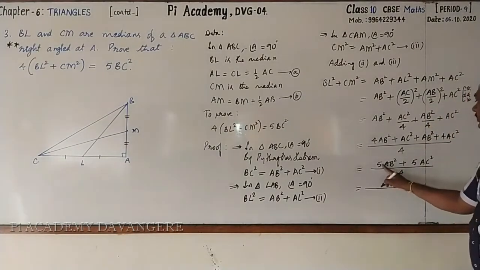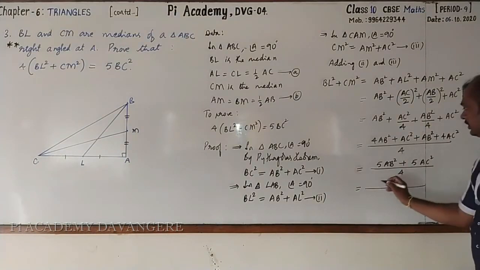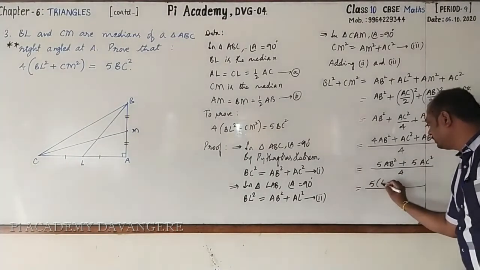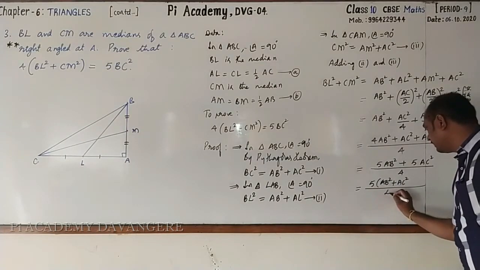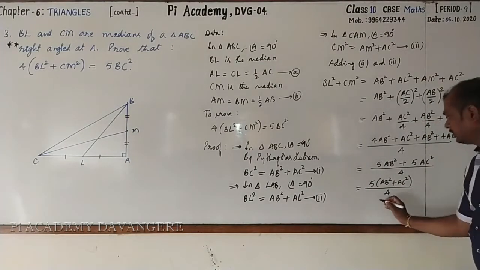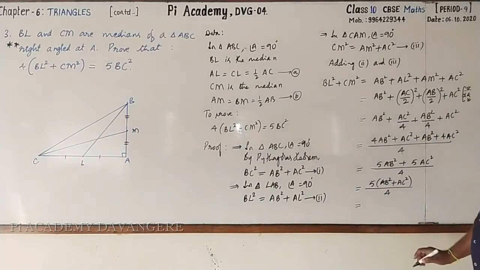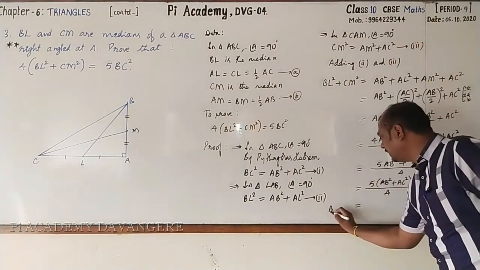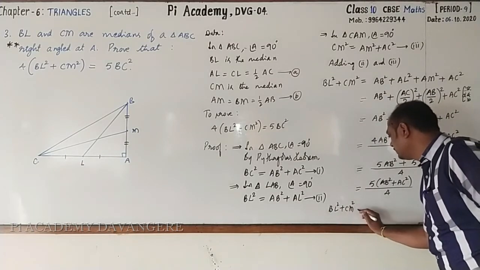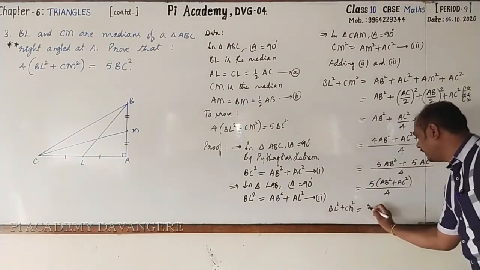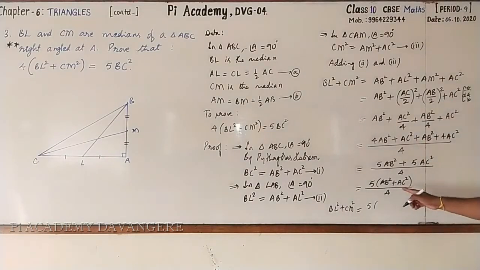Now you may take 5 as common factor. This is 5 into (AB square plus AC square) by 4. Followed? This is equal to BL square plus CM square as it is, equal to 5 into, what is AB square plus AC square?